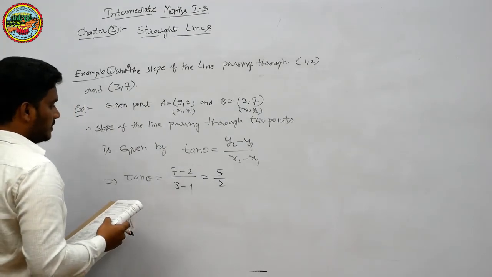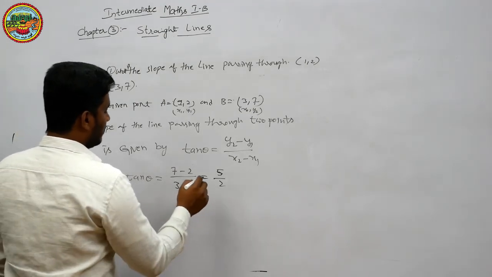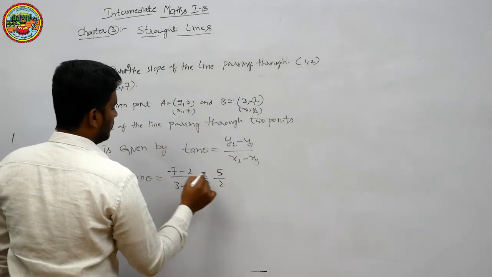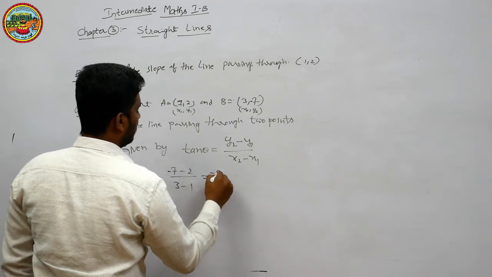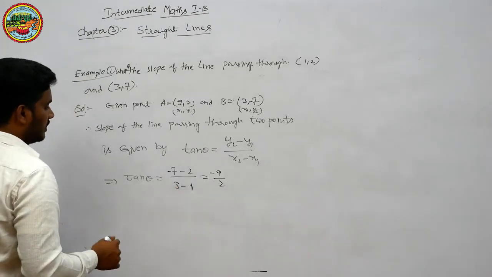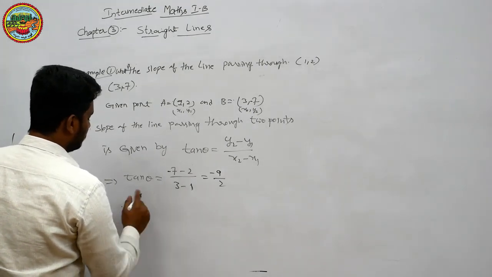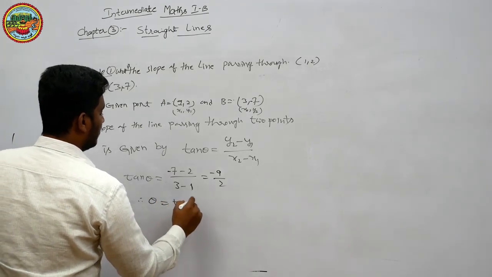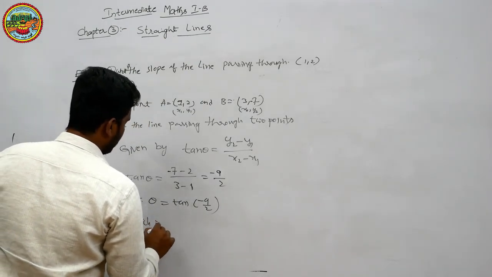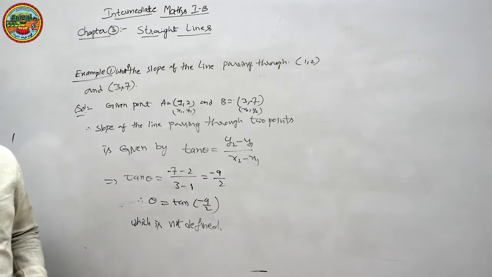So 5 by 2 means how much? So theta is equal to tan inverse of 5 by 2.